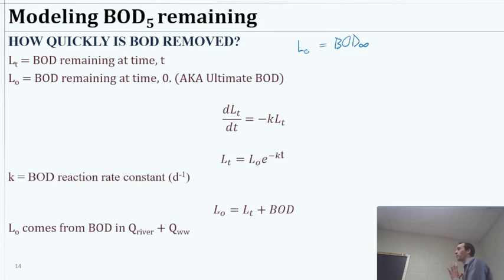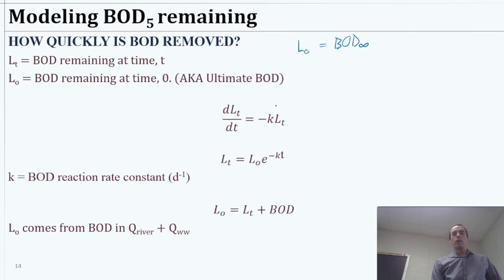This is understandably a little bit confusing because we haven't talked about it in that reference yet, but this lets us say the total remaining changes with time. That lets us have a rate analysis approach where we say dLt/dt is equal to negative k Lt.